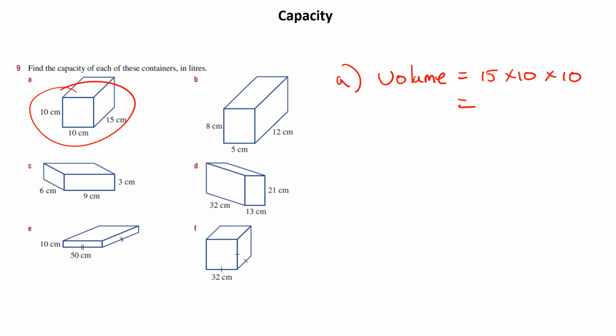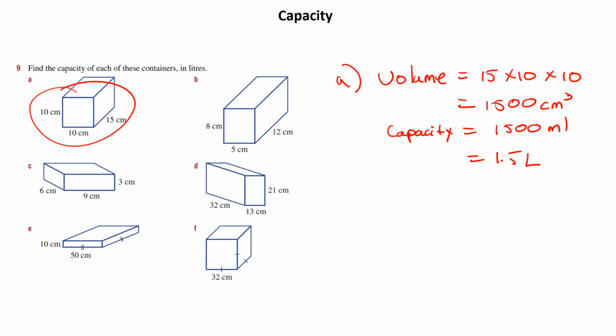That's going to be 1,500 centimeters cubed, which we know is equal to, in terms of capacity, 1,500 milliliters. Therefore, if I divide by 1,000 to go from milliliters to liters, I'm going to get 1.5 liters.